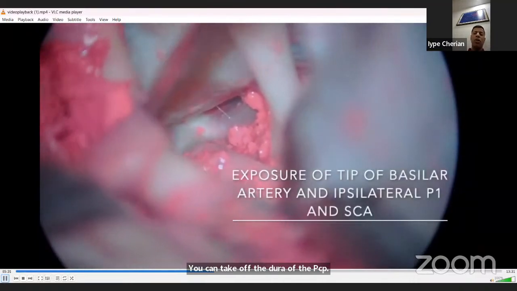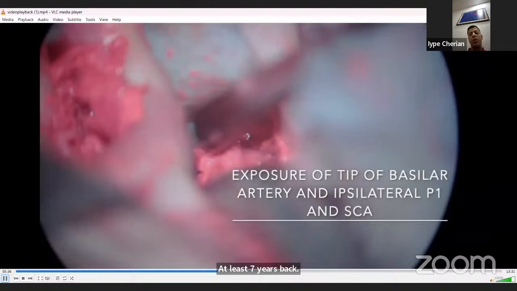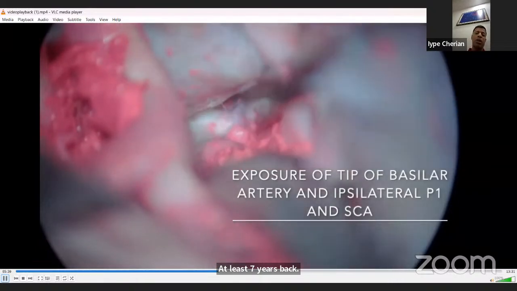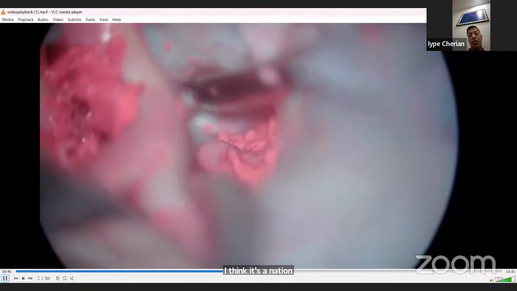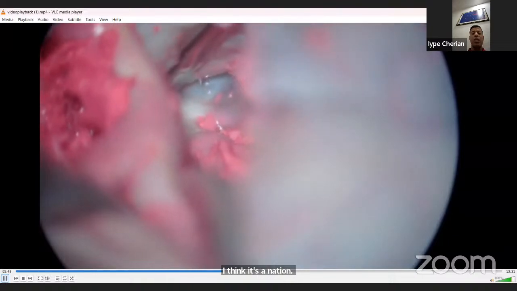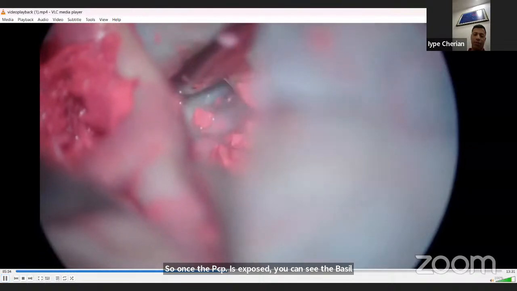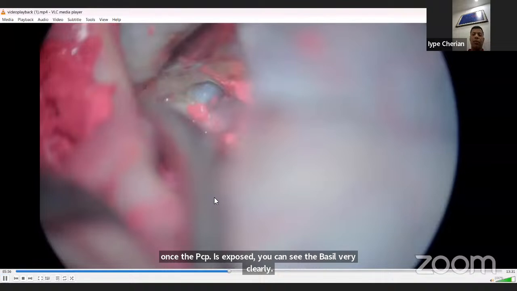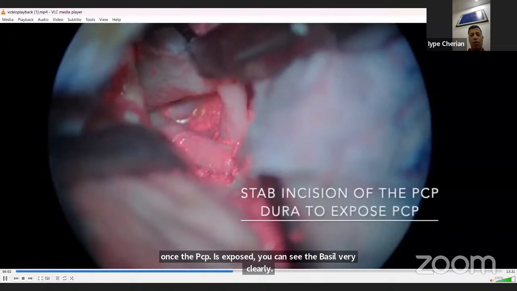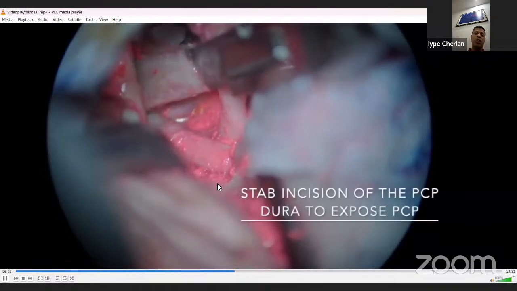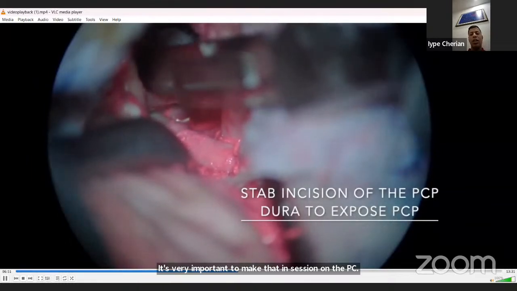So our paper on drilling the PCP, at least 7 years back, has been one of the papers which describe how the PCP is drilled in detail. I think it's an Asian journal. So once the PCP is exposed, you can see the basilar very clearly. Now it's very important to make that dural incision on the PCP and then inject the glue there.